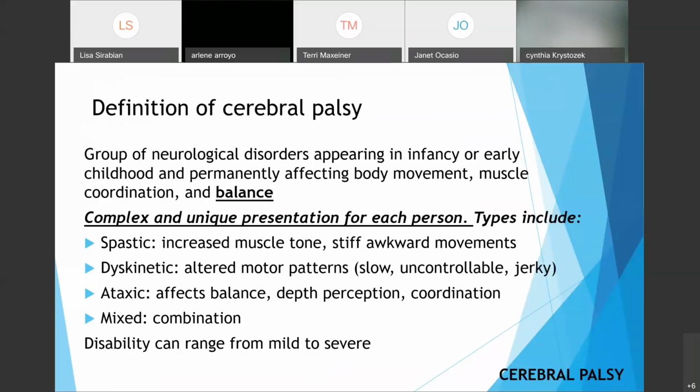The dyskinetic type, altered motor patterns, so slow, uncontrollable, or jerky sort of movements. Ataxic mostly affects balance, depth perception, and coordination. And then there's, of course, a mixed version where there's a combination of one or more of the above. Disability for this can range from really very mild, where it's almost unrecognizable, to very severe.